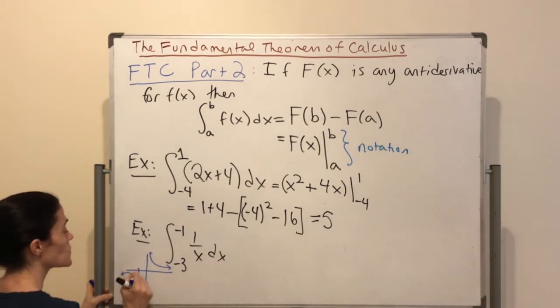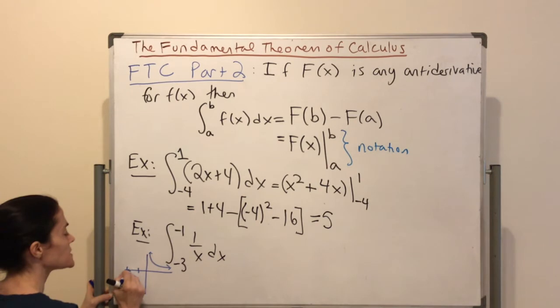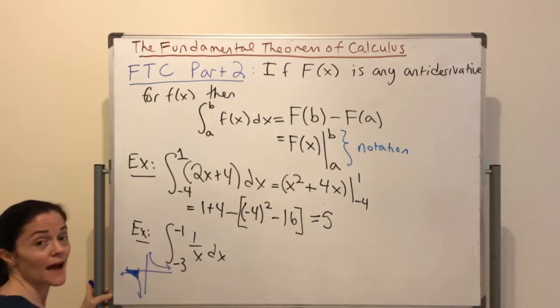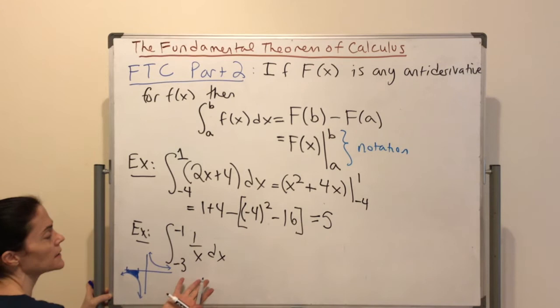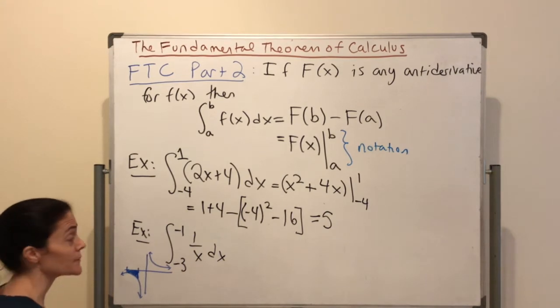And then -1 to -3 would be out here, okay? It's just a sketch, it's not accurate, but this is an area and it's underneath the x-axis. This will be a negative value, but this is something, right? It would be negative the area of this blue region.